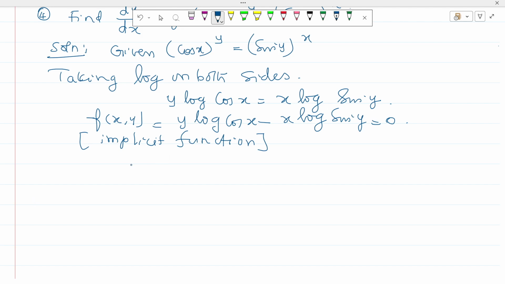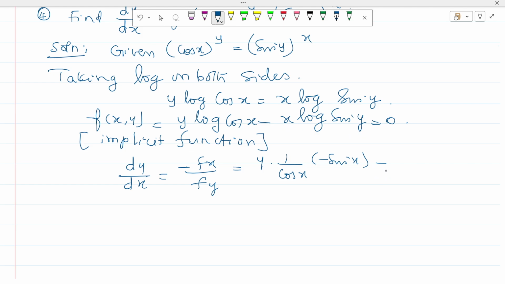So dy/dx formula is minus fx by fy. This f(x,y) differentiate with respect to x, I will get that. If you differentiate with respect to x, keep y as constant. Differentiation of log cos x is 1 by cos x, differentiation of cos x is minus sin x, minus differentiate with respect to x.